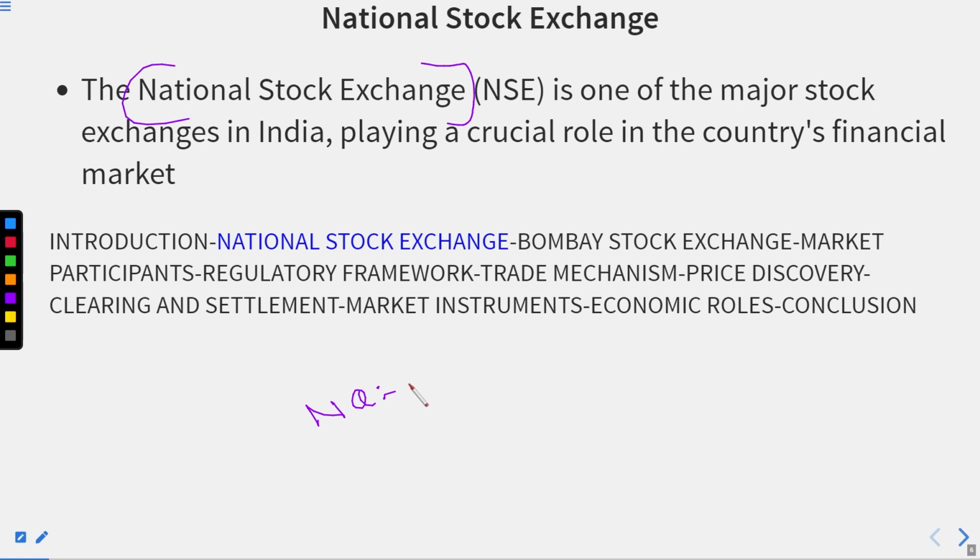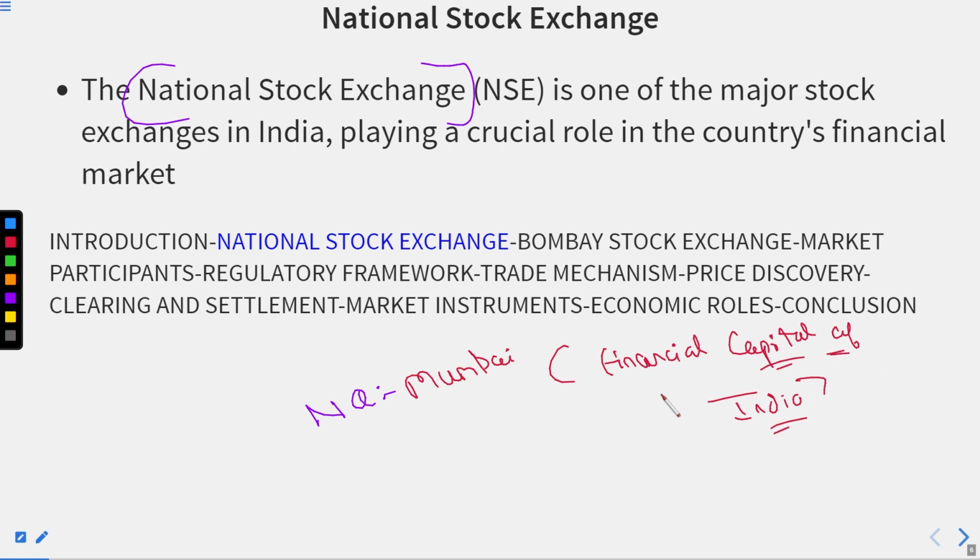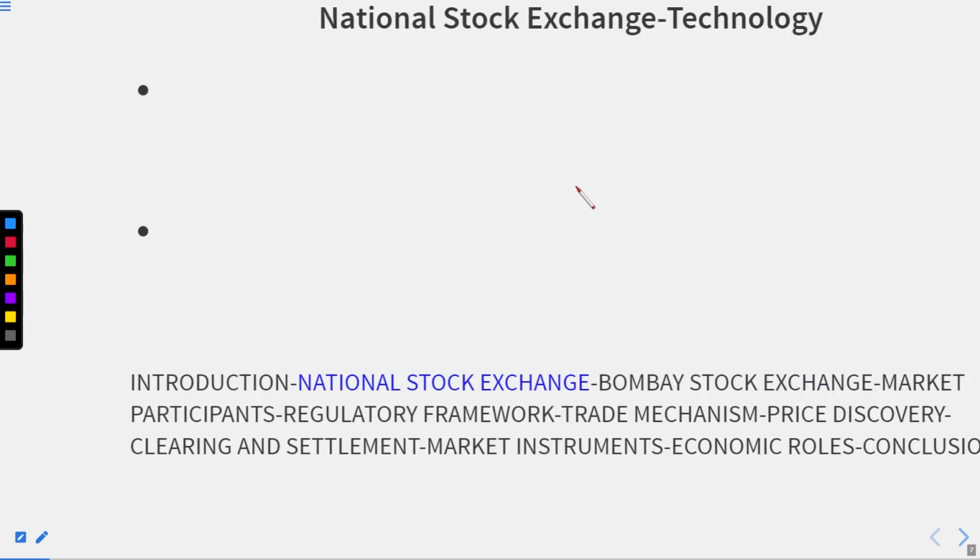Okay. Or you can call it the financial capital of India. All right. And it has a crucial role in the country's financial market, how we will see.